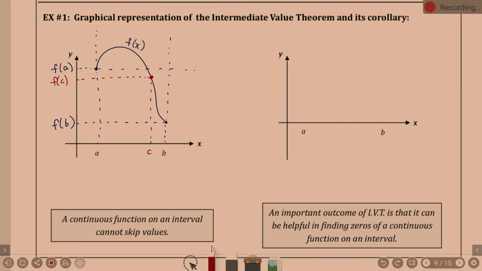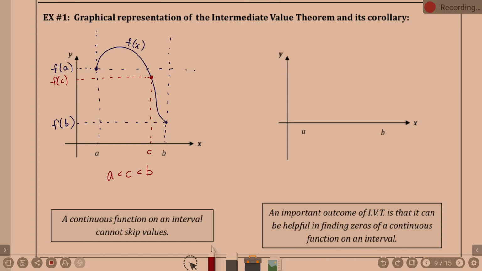Now, a has to be less than c, has to be less than b. So c has to be between a and b. And if that is true, f of c has to be between them.